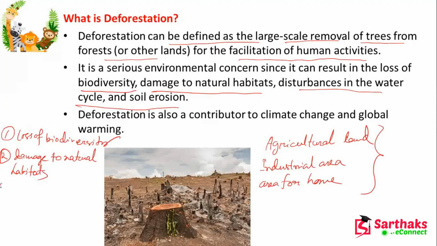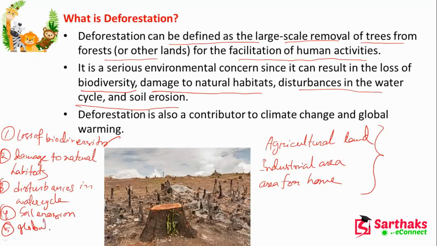Number three, disturbances in the water cycle, and also another thing, soil erosion, and also it causes global warming. Okay. So loss of biodiversity, damage to natural habitats, disturbances in the water cycle.